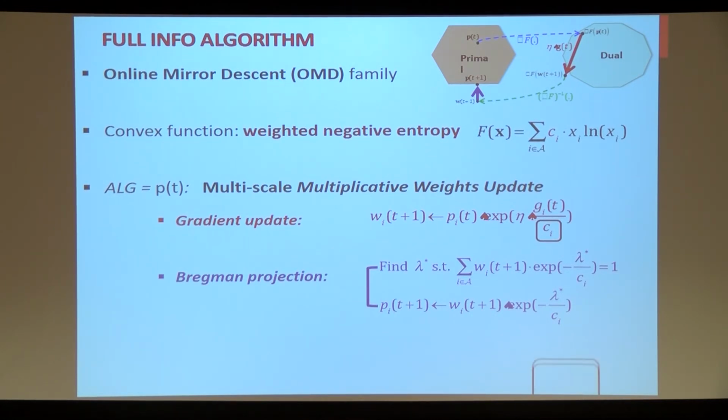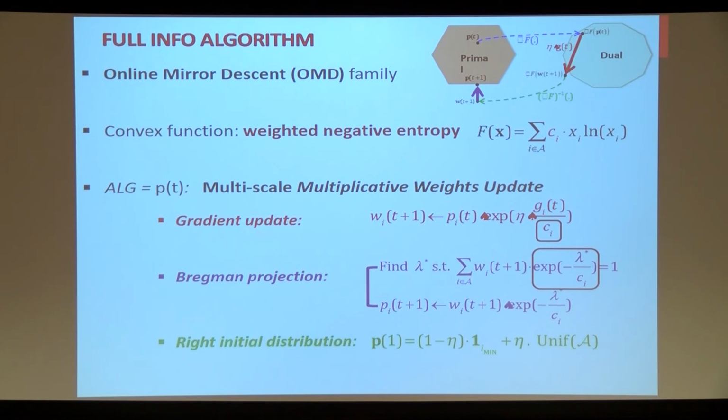Besides this, I'm actually using a different initial distribution than the one you use, for example, in multiplicative weight update. This is the right initial distribution for this problem. It basically puts all the mass on the arm that has the minimum range and mixes that with the uniform distribution. And with these three ingredients, you can get the multi-scale regret bound.